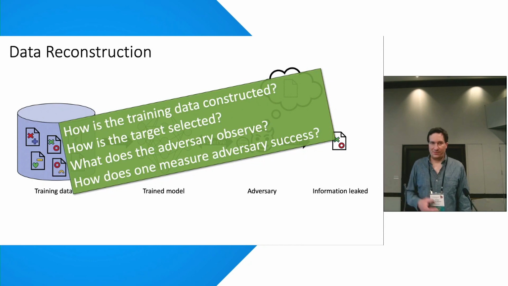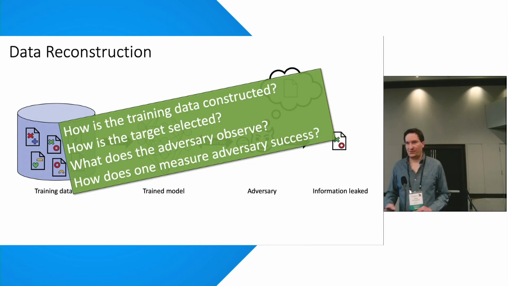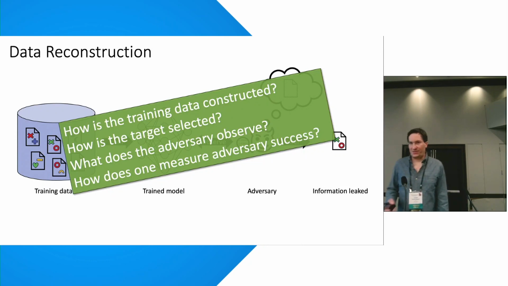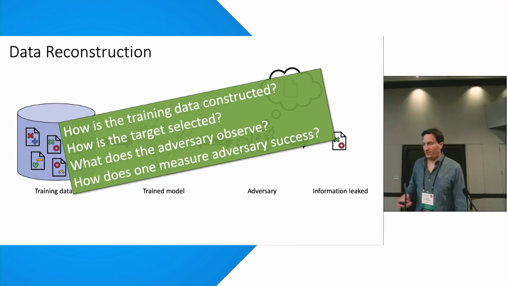Also sampled, chosen adversarially, or fixed. Or what does the adversary observe? How does it interact with the model? Does it get to see the raw parameters of the model? Or, on the other hand, does it interact with the model through an inference API, so in a black box manner? Or even how to measure adversary success. There are many metrics that we may use to measure how successful an adversary is.